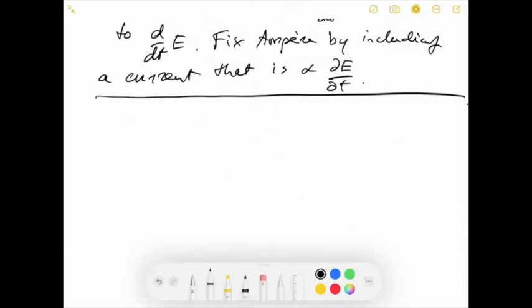Hang on a second. Where's my continuity equation? Okay, so we have talked about this before. Continuity equation, aka charge conservation.